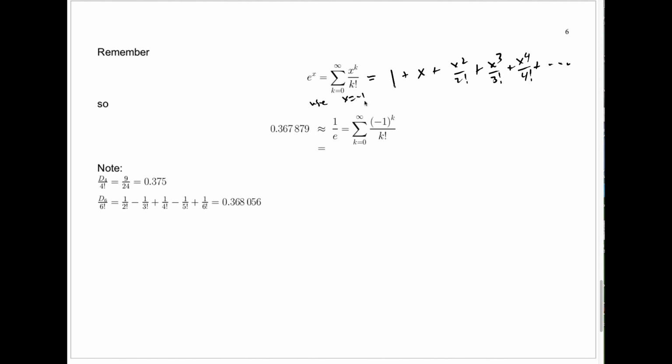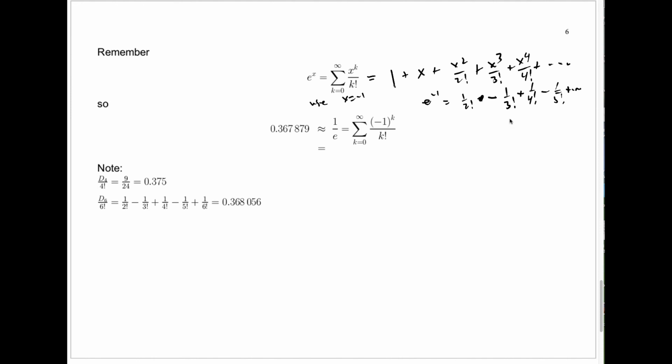In particular, plug in x equals minus 1. Well, when x equals minus 1, we get e to the minus 1 is just 1 minus 1, those cancel. Then we get 1 over 2 factorial, because minus 1 squared is just 1. Then we have minus 1 over 3 factorial, because minus 1 cubed is minus 1. Then we'll have plus 1 over 4 factorial, minus 1 over 5 factorial, and we'll keep going, only here we'll keep going on forever.